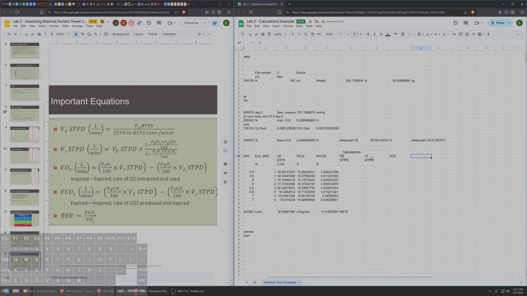I'll put the units in just a moment. VCO2, RER, and VE over VO2. And VE over VCO2. Predicted VO2, measured VO2.